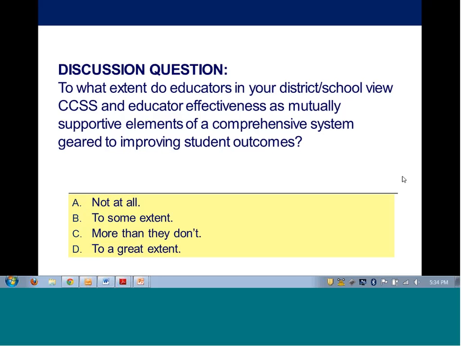Do they see it to some extent as part of an integrated system that supports the work of the other? More, they see it as integrated more than they don't, or they see it as integrated to a great extent? Let's get an idea from you all where you think the field is with this in your experience. And you'll notice, I believe I'm posting the time, so we've got up to a minute left to get our results in.